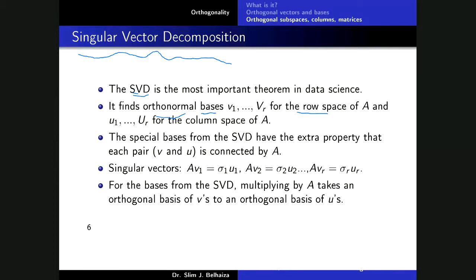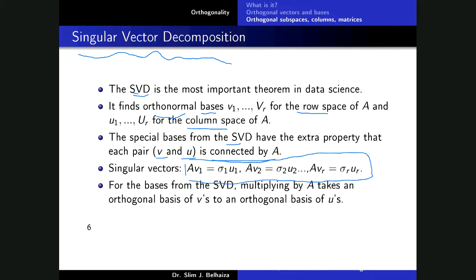u1 to ur for the column space. The special bases from SVD have the property that each pair v and u is connected by A. So you'll have the following property, that Av1 is equal to sigma1 u1.